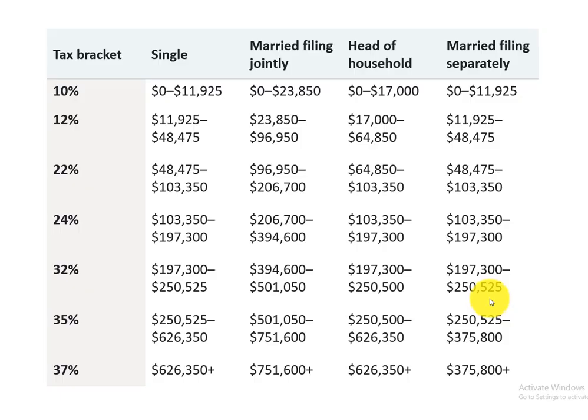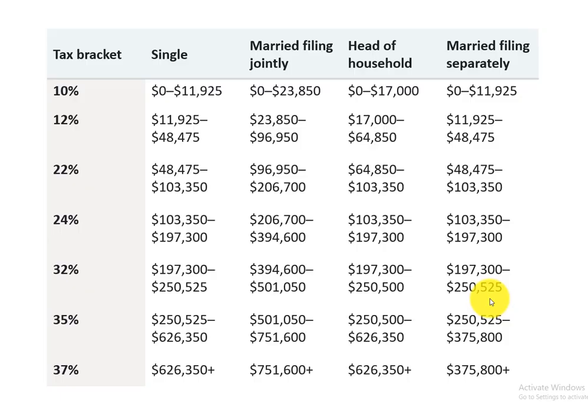So income is taxed based on your tax bracket. Focusing on the single column, if your income is between 0 and 11,925, your tax is calculated at 10% of that income.